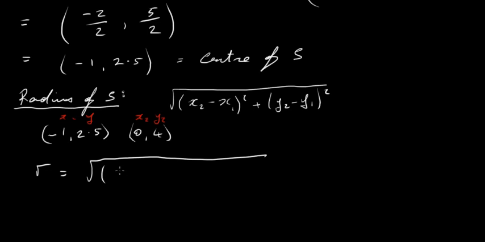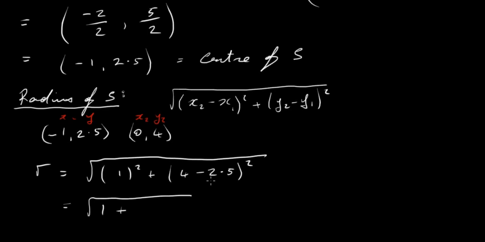So that will give me 1 squared. Plus we have 4 minus 2.5, and we've got to square that. So we end up with 1 squared, which is 1, plus 4 minus 2.5, which is 2 1/4. No, sorry, it's 9 over 4.